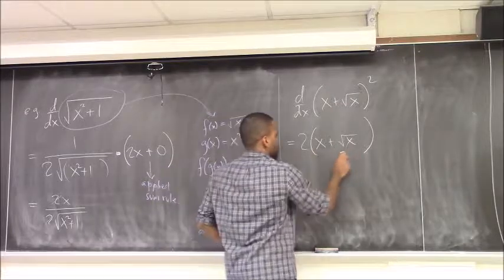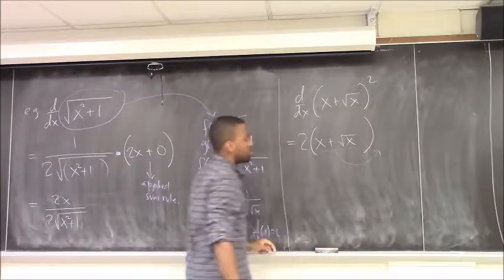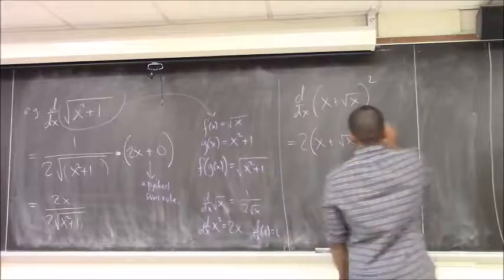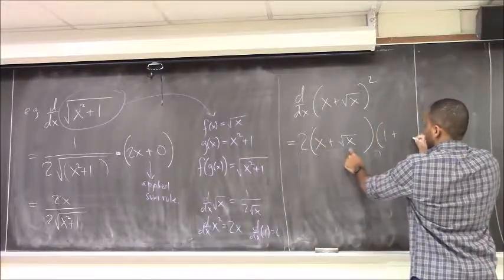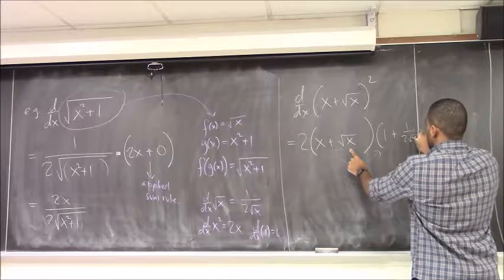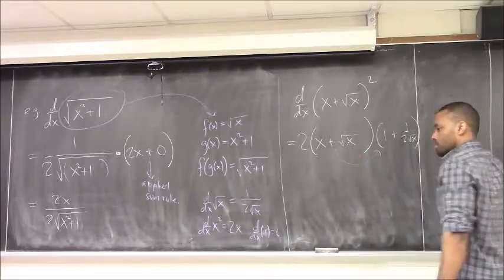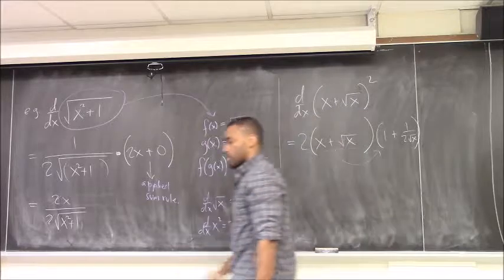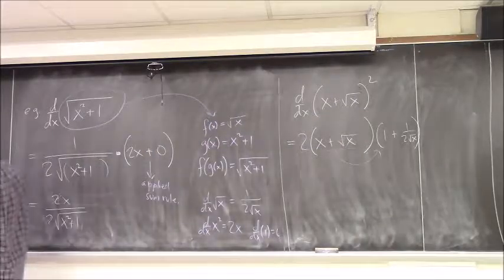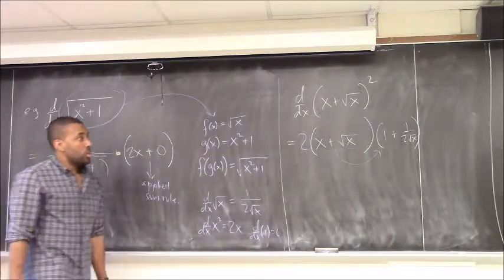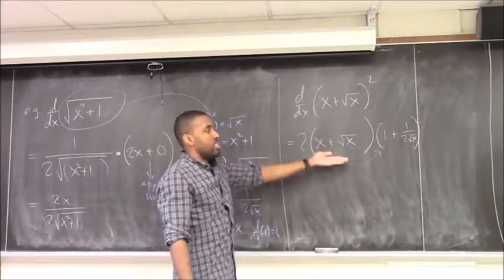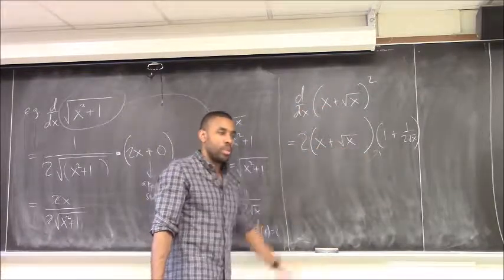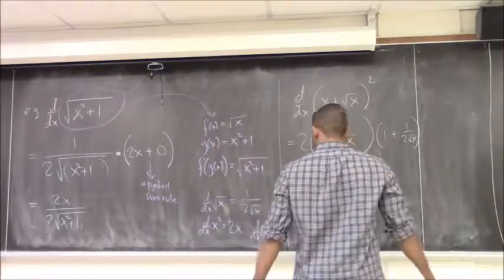And then we multiply by the derivative of the inside, which is again in parentheses: the derivative of x is 1, plus the derivative of radical x, which is 1 over 2 radical x. And so that would be the derivative of that function. Hopefully you can appreciate that had you done the limit definition for this, getting to that answer would have been quite cumbersome. But it's not that bad here.